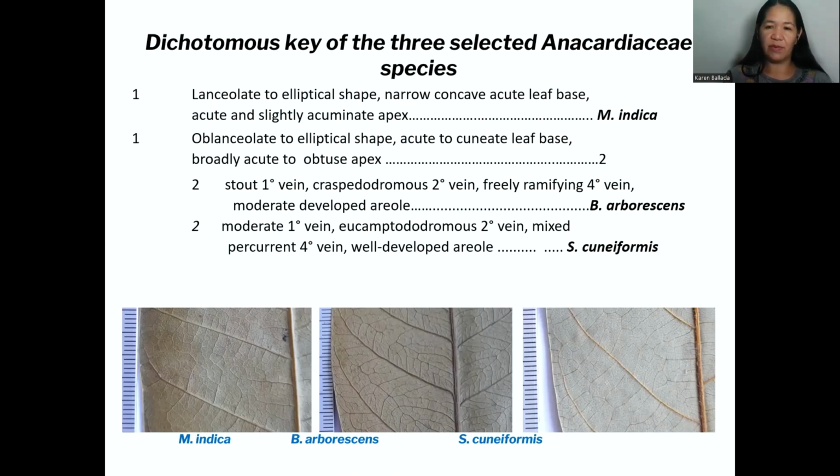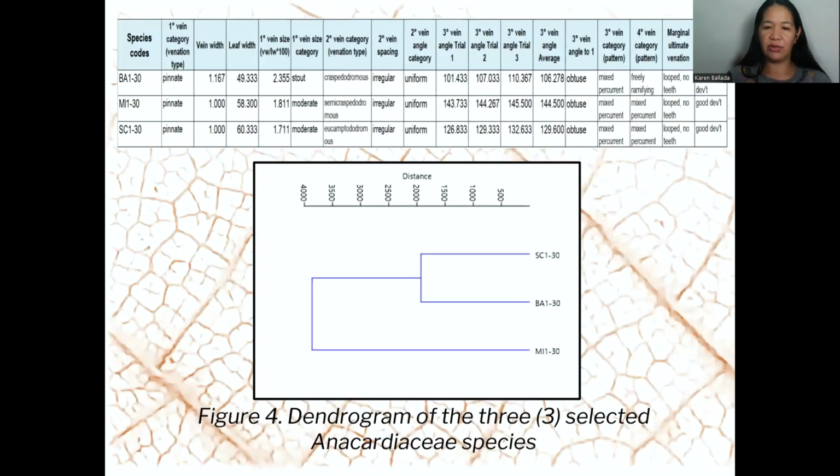Buchanania arborescens is quite stout, and it's only moderate in Semecarpus cuneiformis. Also, in terms of their secondary vein pattern, Buchanania arborescens is craspedodromous, and Semecarpus is eucamptodromous, and so on. And we can translate this data into a dendrogram.